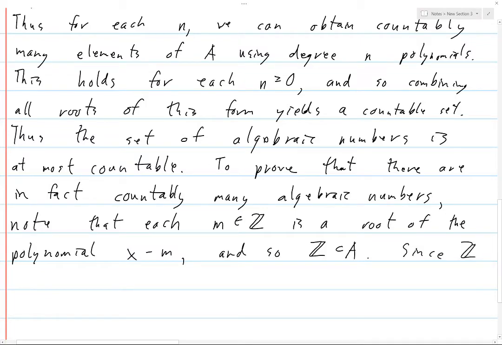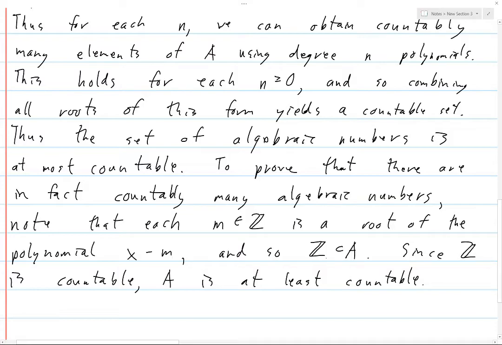Since the set of integers is countable, A must be at least countable. Right? Because just knowing that the integers are contained in A lets us say we know that A is a bigger set than the integers.